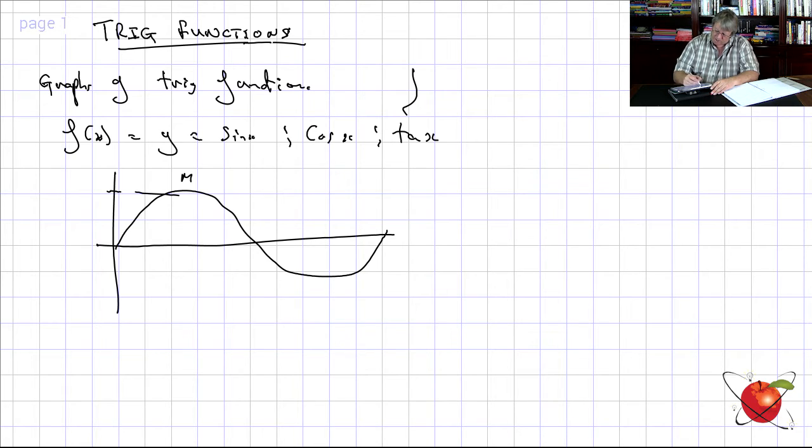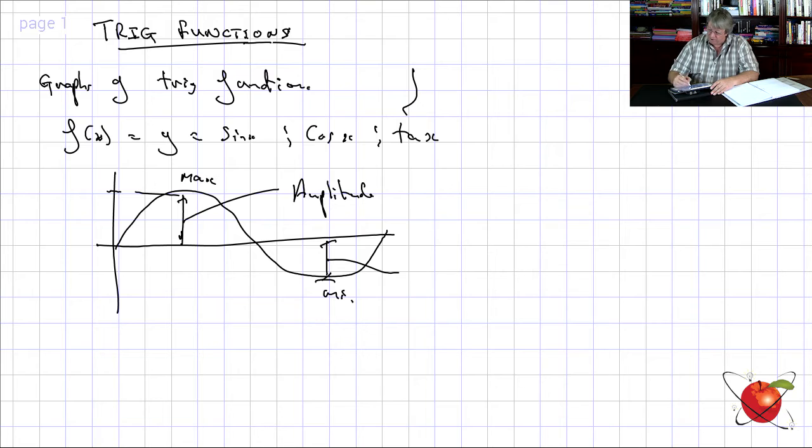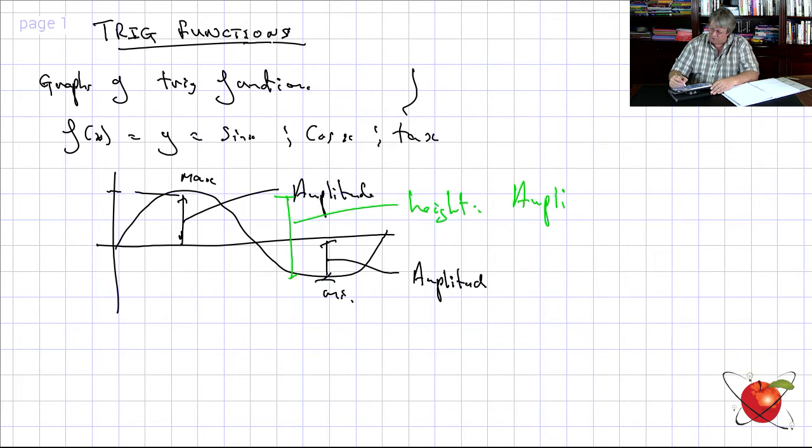And where this got to a maximum and a minimum, we said that was called the amplitude. Those of you doing physics with me, you'll know that we've done this. The minimum is called the amplitude as well. I am going to call this, and it is not, let us just call it a value, the height, which is equal to amplitude divided by 2.